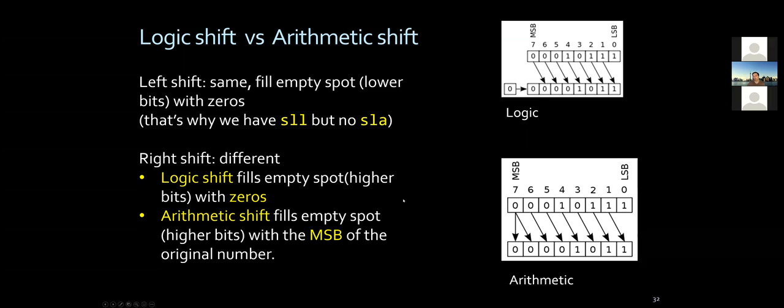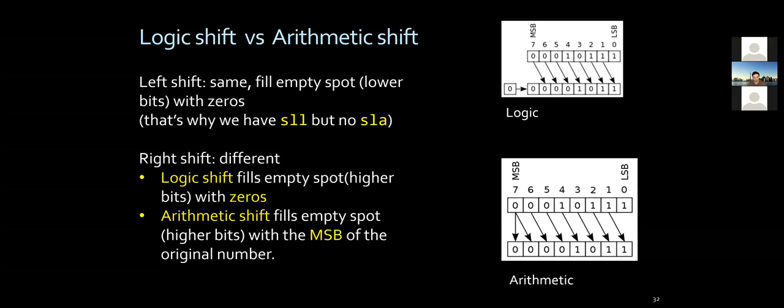The main reason we do it this way is that I want to preserve the sign. If the value was negative, I don't want the arithmetic shift to change the sign. If it's negative, I want it to stay negative. This is how you distinguish those things.